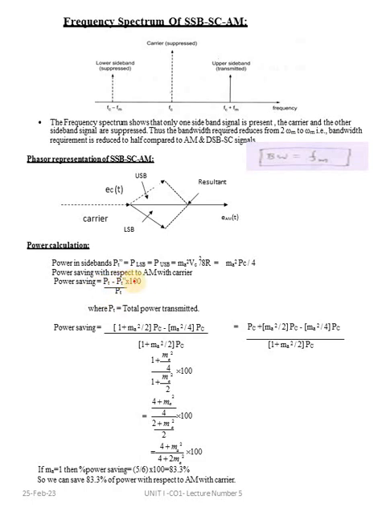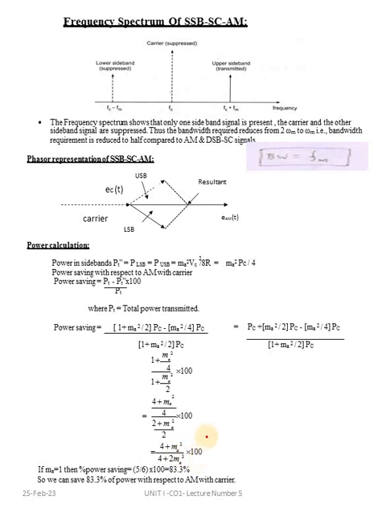The power saving with respect to AM with carrier is equivalent to (PT minus PT double dash) divided by PT into 100. PT is the total power transmitted of the AM waveform. We know that it is (1 plus ma square by 2) into Pc. Similarly, the carrier power and sideband power of SSB are substituted here. When we simplify this, we will get (4 plus ma square) by (4 plus 2 ma square) into 100.